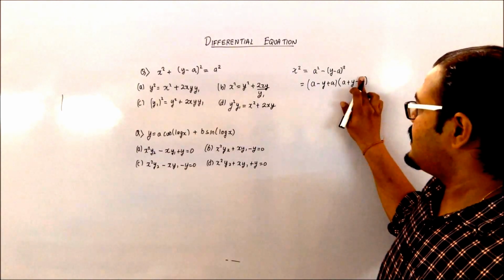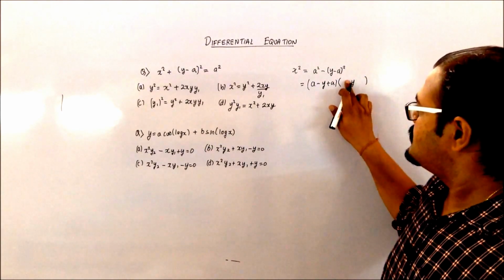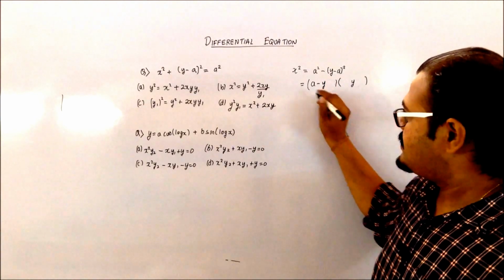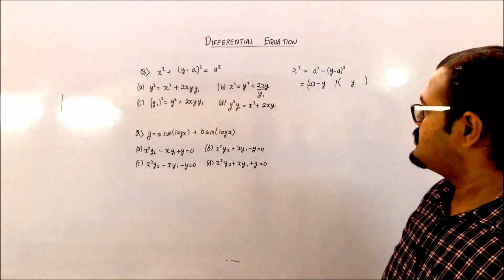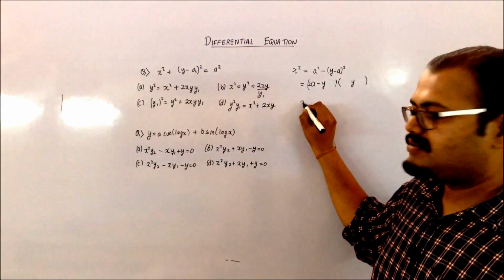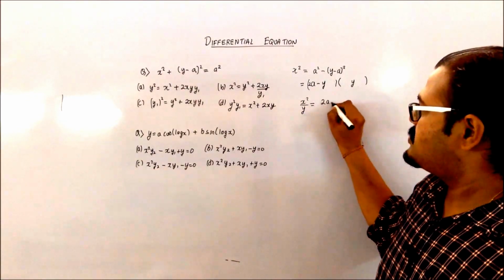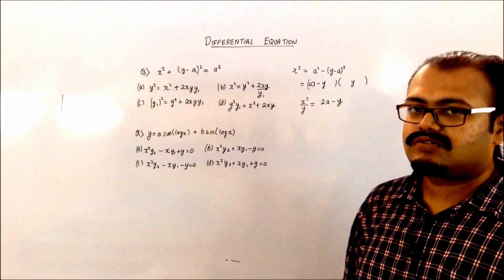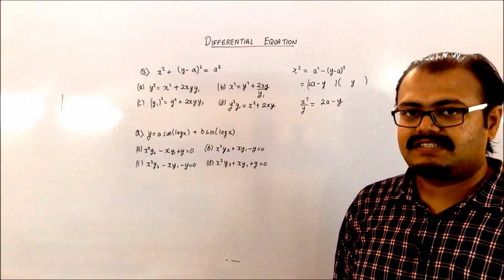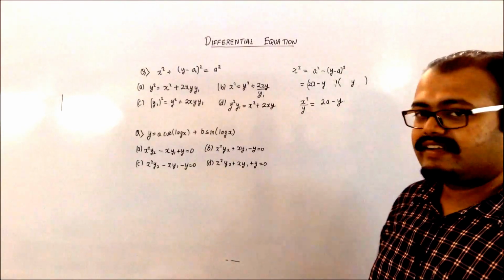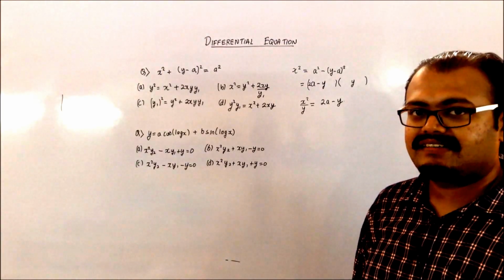Your a gets cancelled from here, and from here you can write it as 2a. So you can take that y over here and you will have 2a minus y. If you take a derivative of this particular term, the a will just get eliminated.